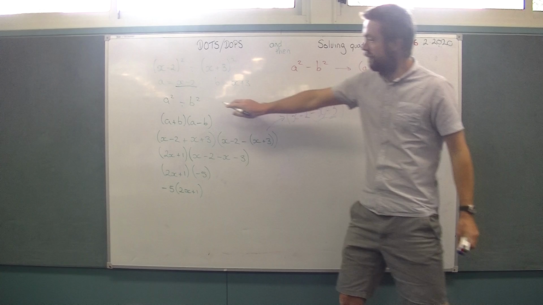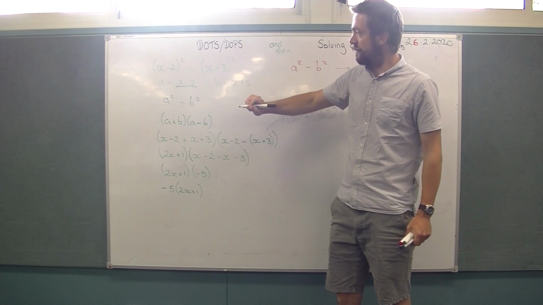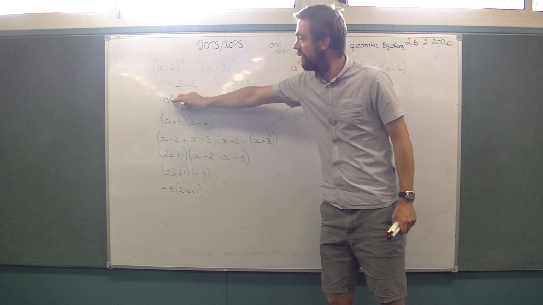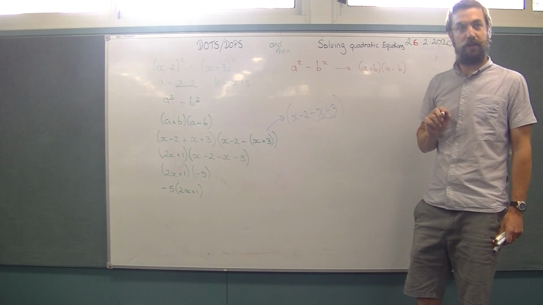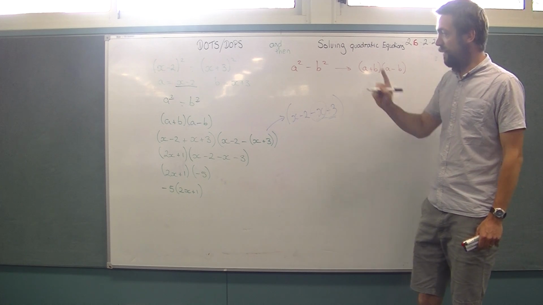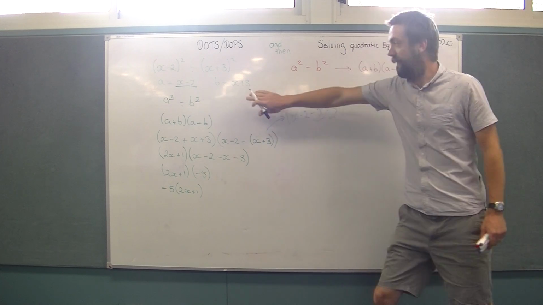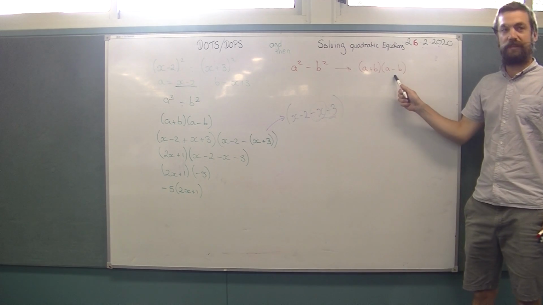You know how the brackets are squared? Yeah, they're squared. So how do you just go straight to the x minus 2, x plus 3? Because we remember that the way to factorise this, we know that this always factorises into this.